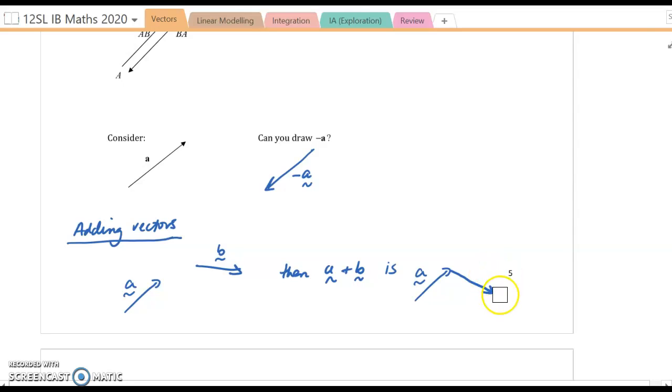Oh, that's not really a good match, is it? Right? Then my resultant vector, which is from my original tail to the final head, is A plus B. So the tails line up and the arrowheads line up as well.